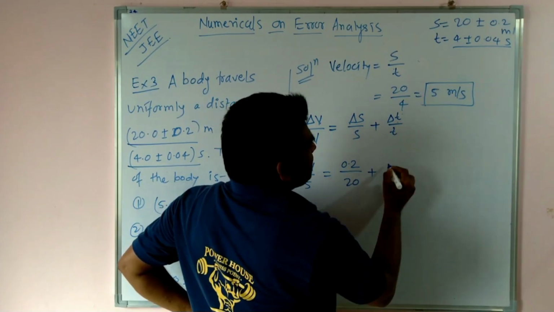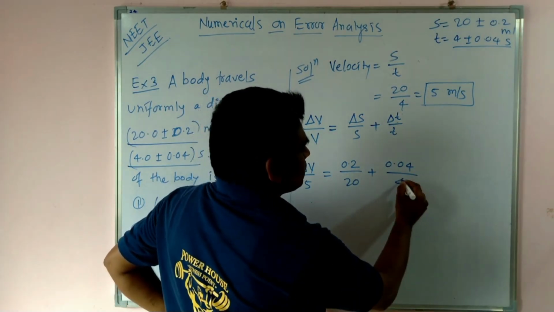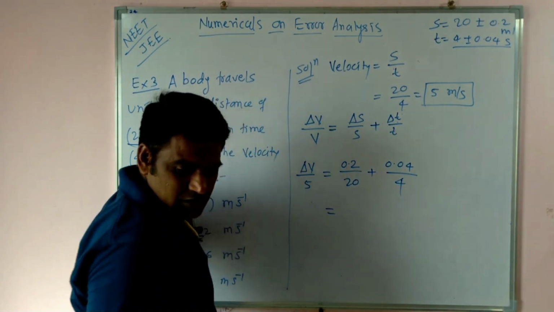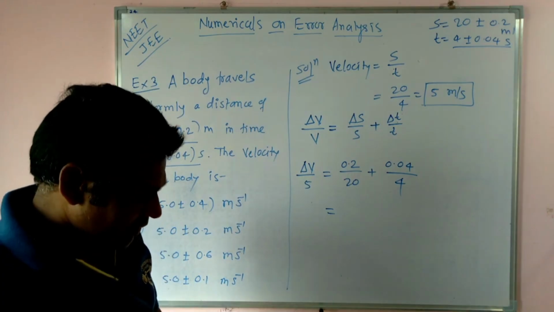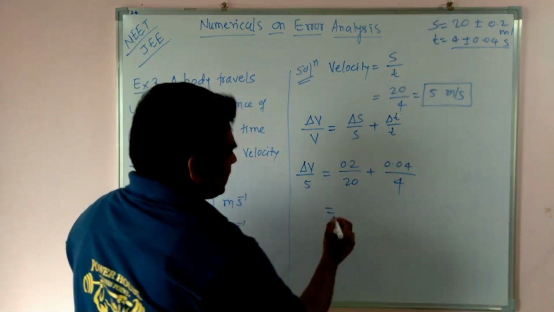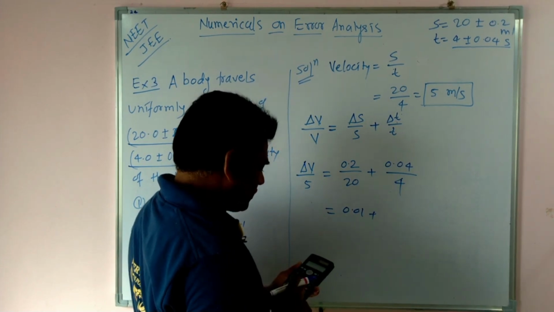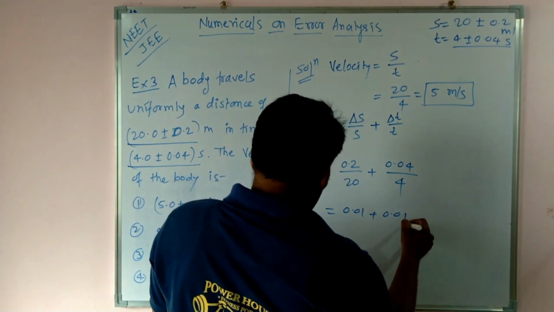Delta T, the error in time, is 0.04 divided by time, which is 4. Let us solve this. 0.2 divided by 20 is 0.01, plus 0.04 divided by 4 is 0.01, correct?